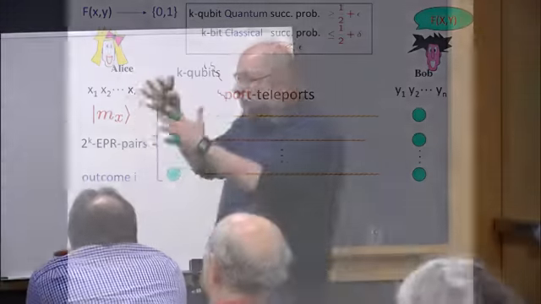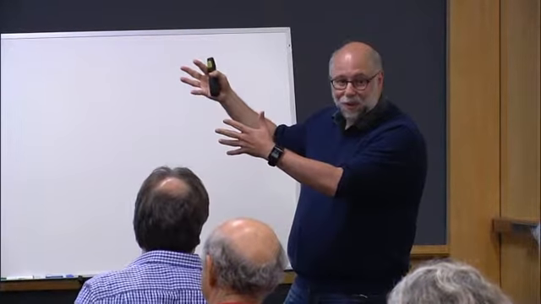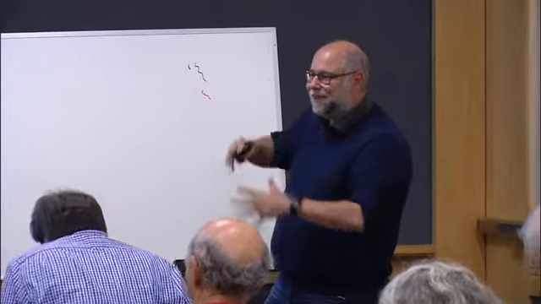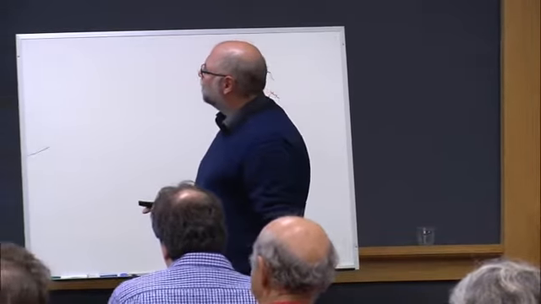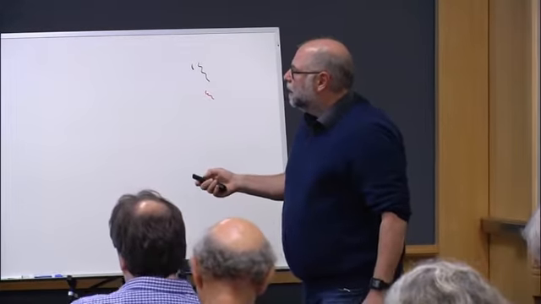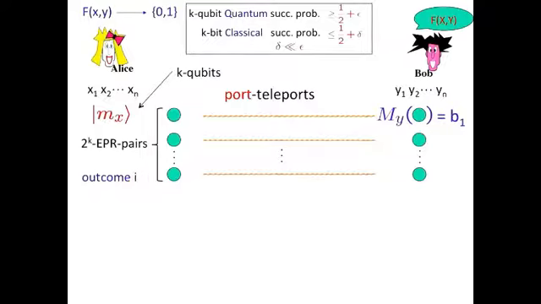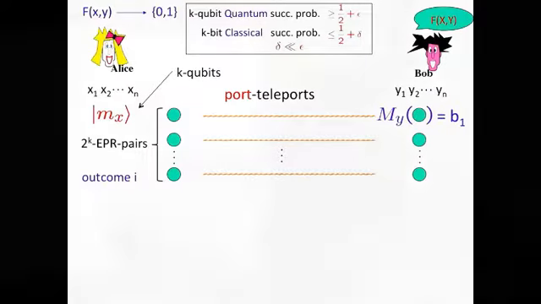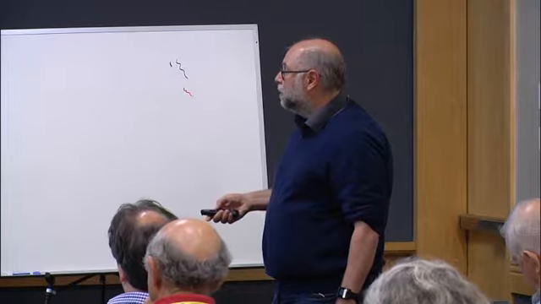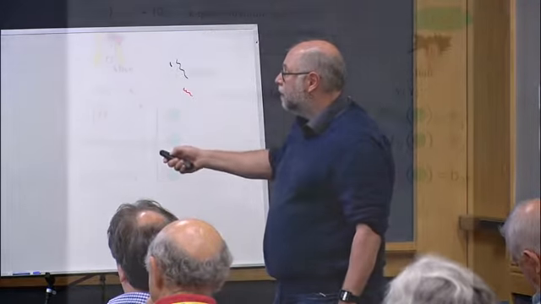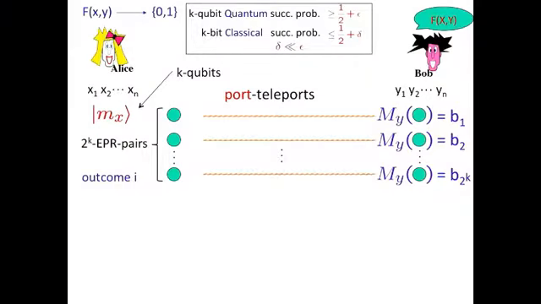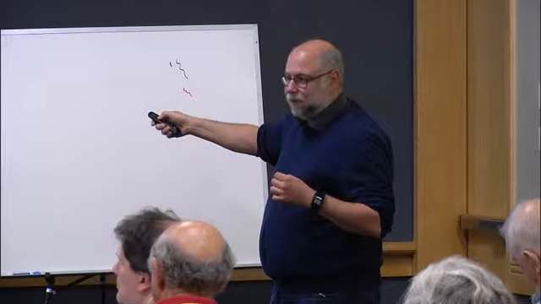And I'm describing here a run of a protocol, and then I'm going to tell you what the correlations were that were good. And Bob, he of course doesn't know what i is, so he performs the measurement belonging to his input on all of the ports. So he produces a long list of 2^k values, b_1 up to b_{2^k}, and the i-th one will actually be equal to f(x,y).